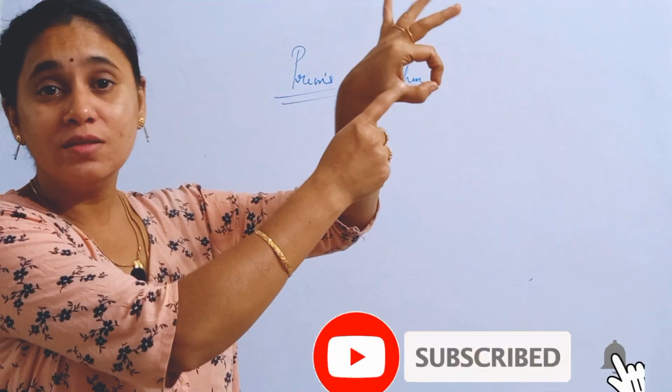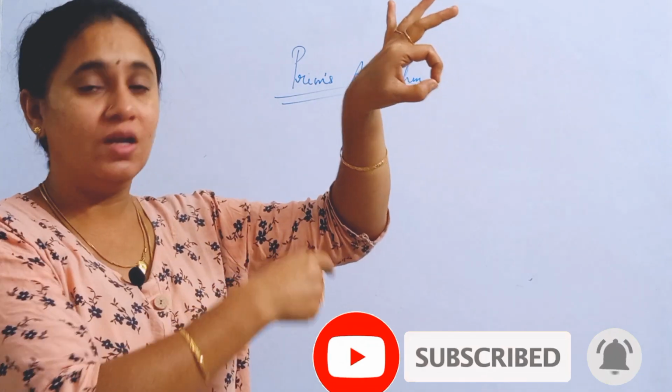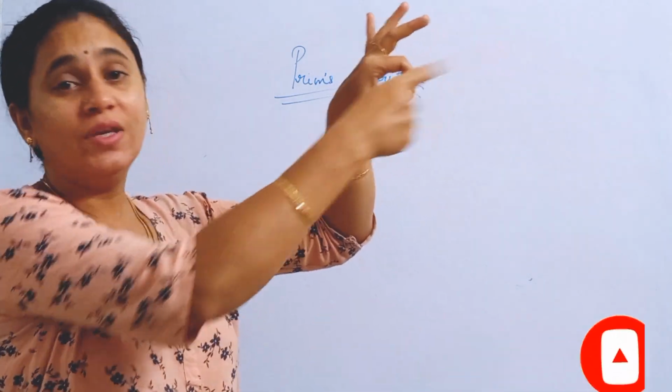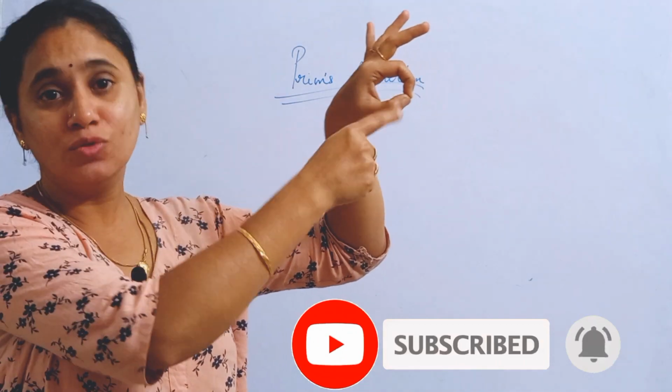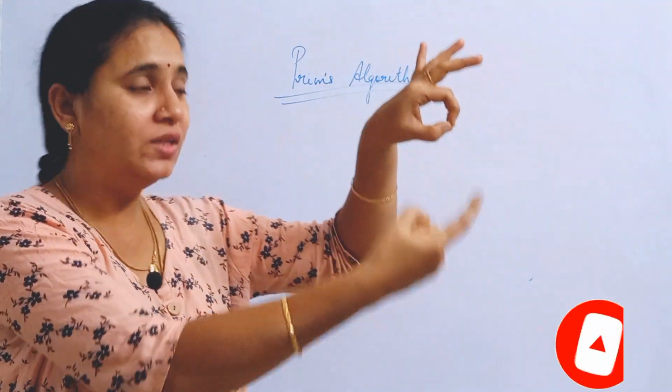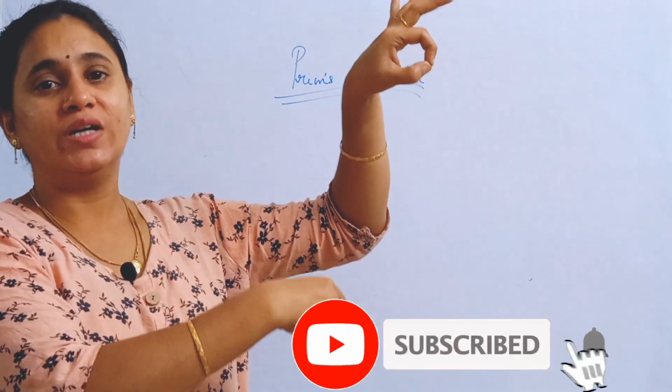Now this is your current vertex. From this vertex, we find the edges adjacent to it, along with the edges of the previous vertex.